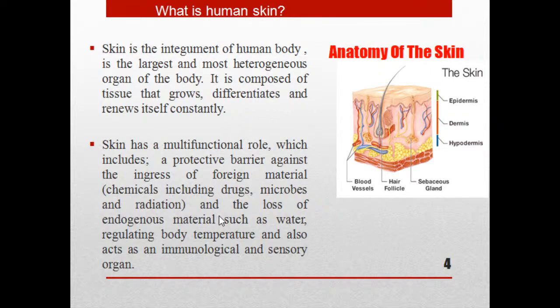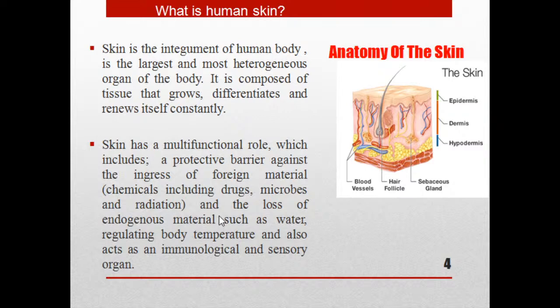Let's go. Now, what is human skin? The skin is the integument of the human body. It is the largest and most heterogeneous organ of the body. It's composed of tissue that grows, differentiates, and renews itself constantly.